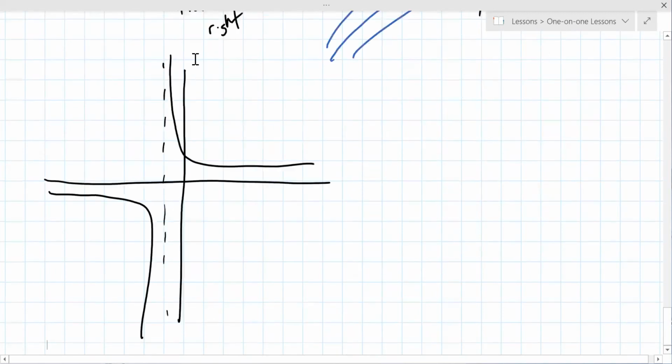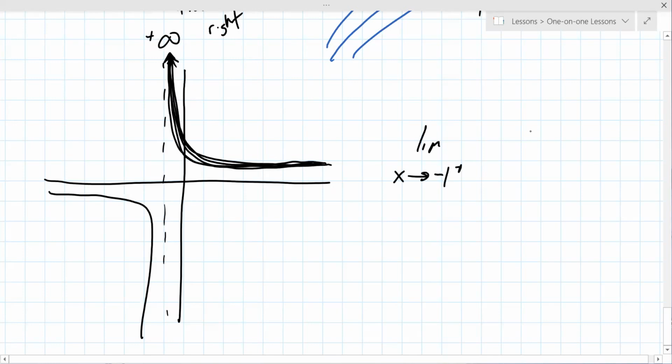From the right means coming this way. What does this approach? This goes to positive infinity. So the limit as x approaches -1 from the right of 1 over x plus 1 goes to positive infinity.